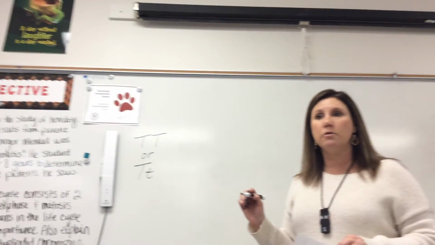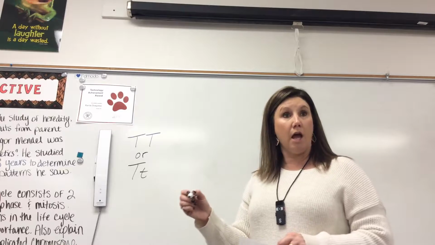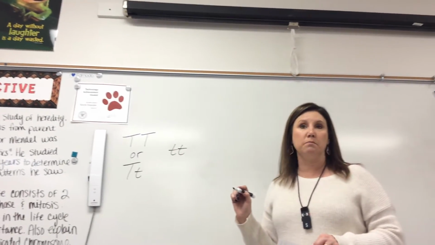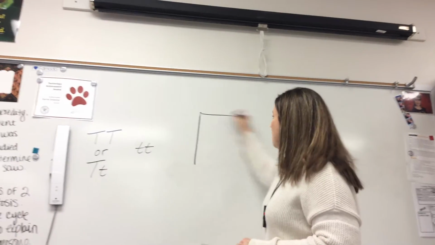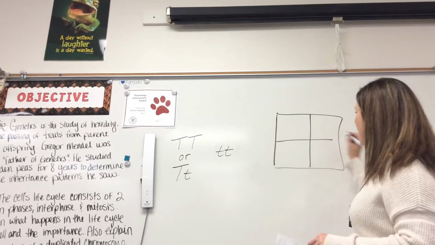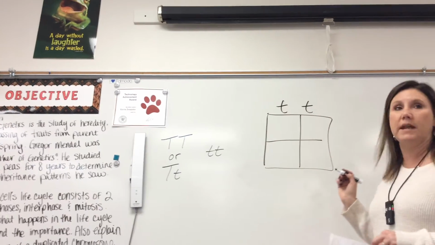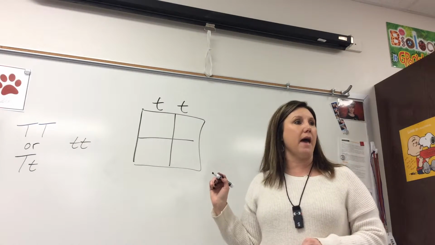You just don't know, right? But the short plant, you know. The short plant has to be that, or it wouldn't be short. Okay? So I say start with what you know. Build your Punnett square and take one of your parents that you just obviously know that it has to be little t, little t to be a short plant, and let's start with that.